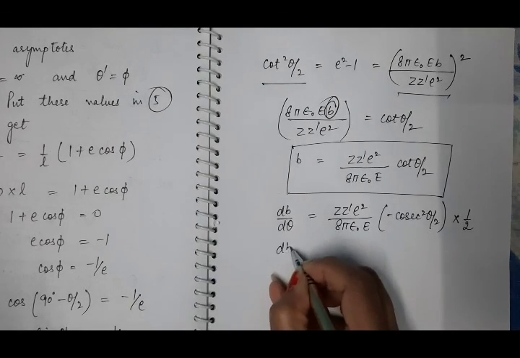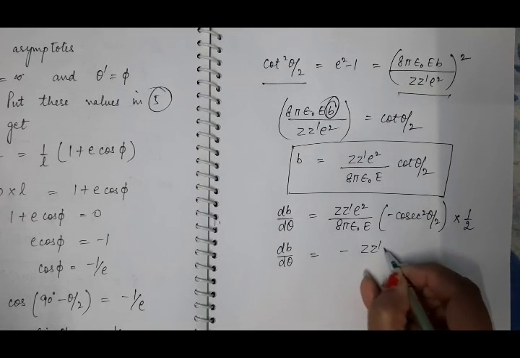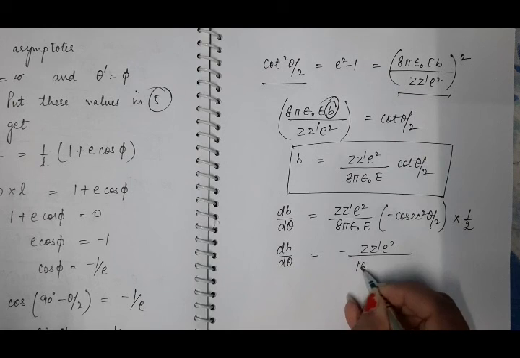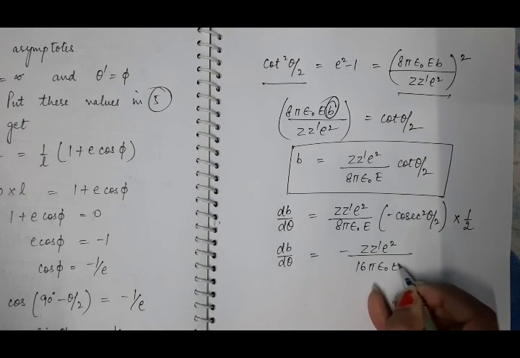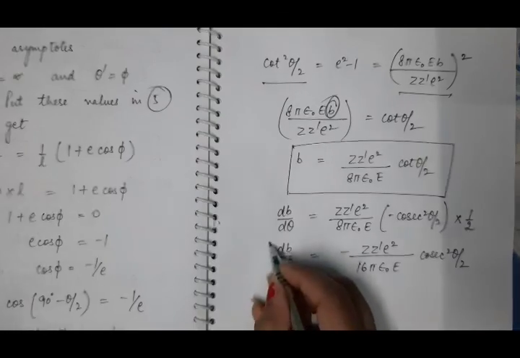So db by d theta is equal to minus Z dash e square upon 16 pi epsilon naught E into cosecant square theta by 2.